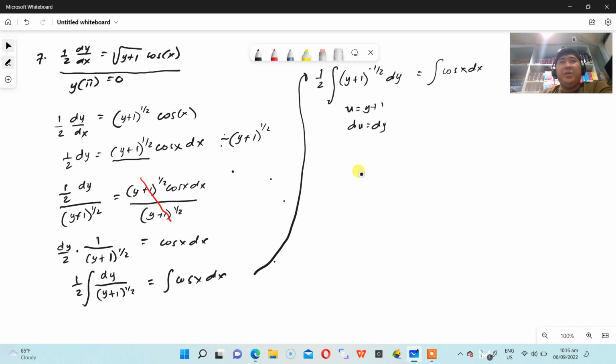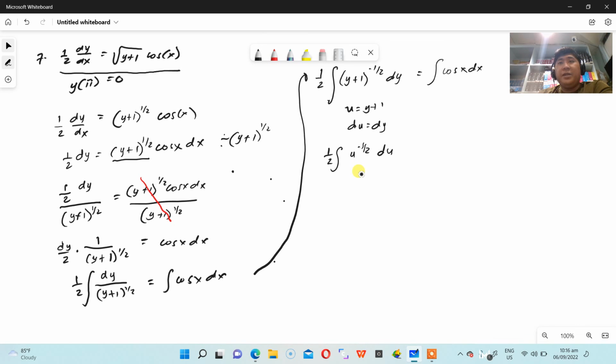From here, you just substitute it. 1/2 integral of y plus 1, that is u, raised to the power of negative 1/2, di ba? Your dy is equal to du. So I think this one is much easier to integrate rather than doing this one, di ba?